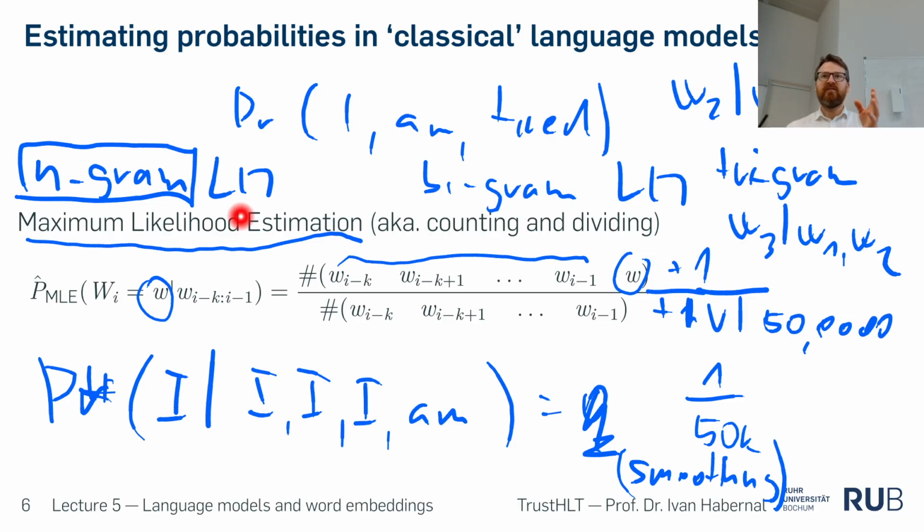N-gram language models, exactly, only condition on what they see in the previous k tokens. If we talk about ChatGPT and other neural language models, they don't have this. I mean, they can condition, not on the full thing, but they do it in a different way. But I just wanted to start with something very simple, counting and dividing. It can actually be a very, very powerful language model for modeling a language, but it's not as good as ChatGPT for different reasons.